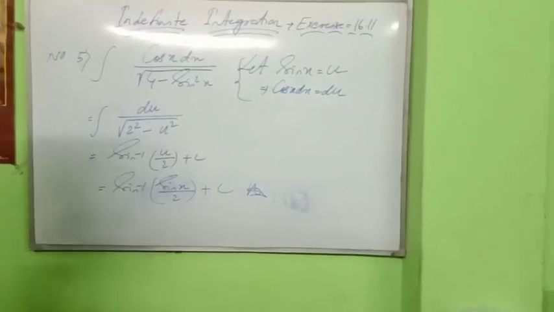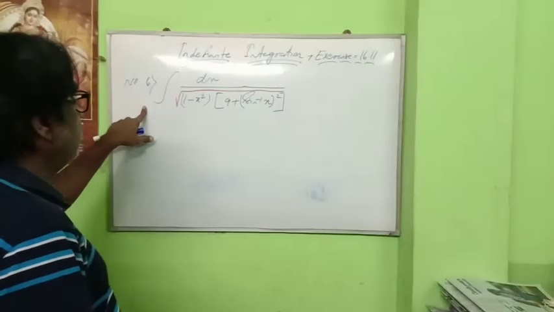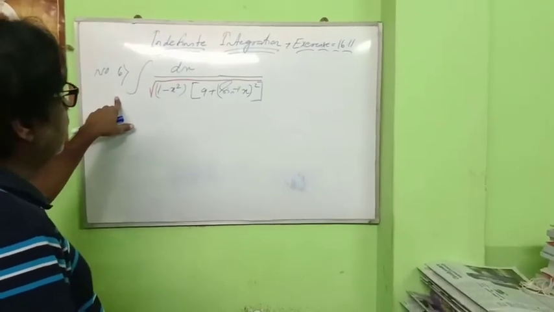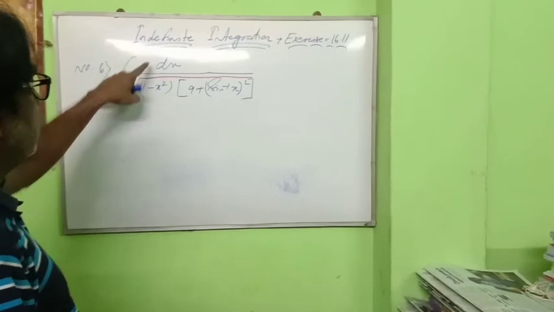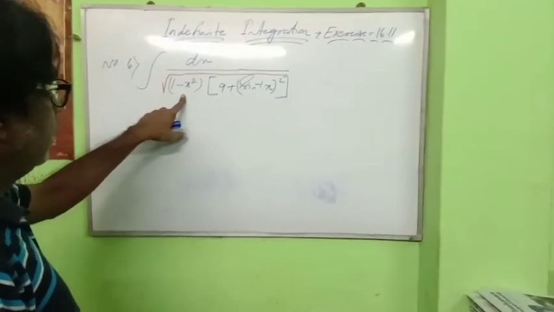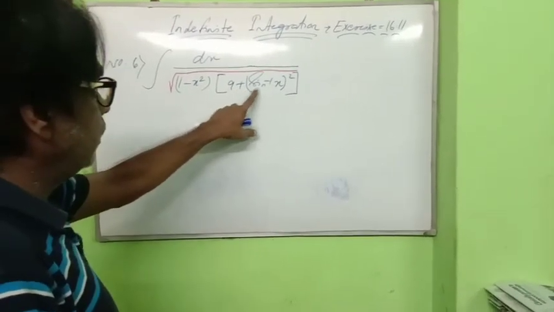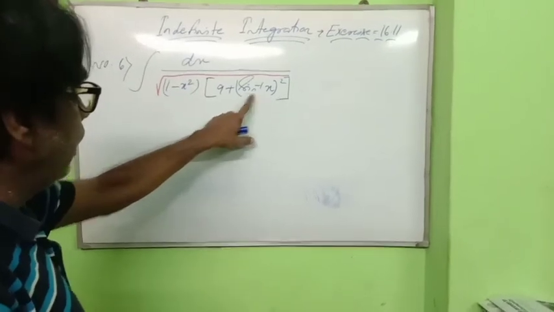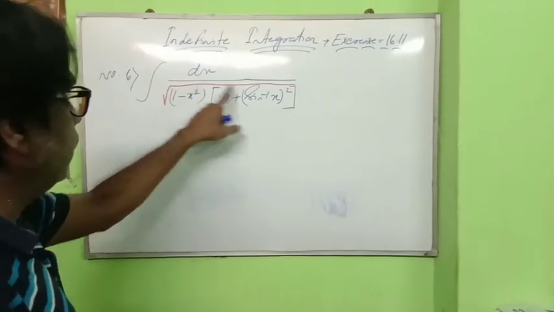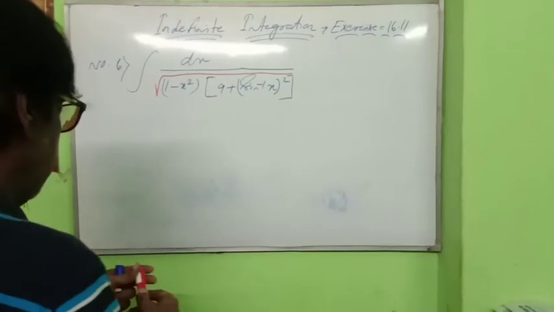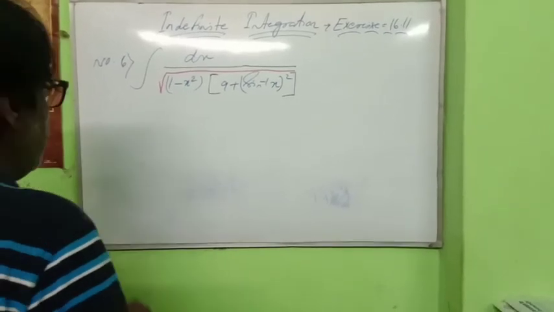Let us go to number 6. See the question number 6, which I have taken from the exercise: dx by 1 minus x square whole into 9 plus sin inverse x whole square, with the total root over. See how I am modifying the question.